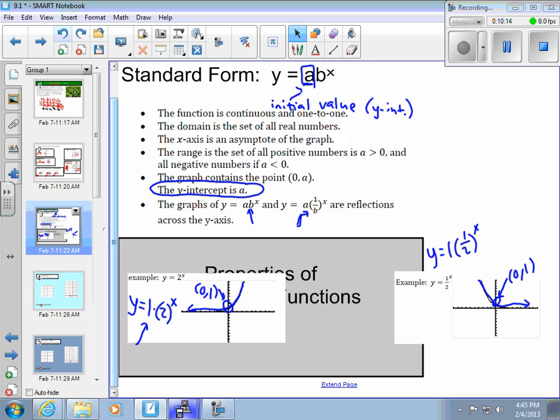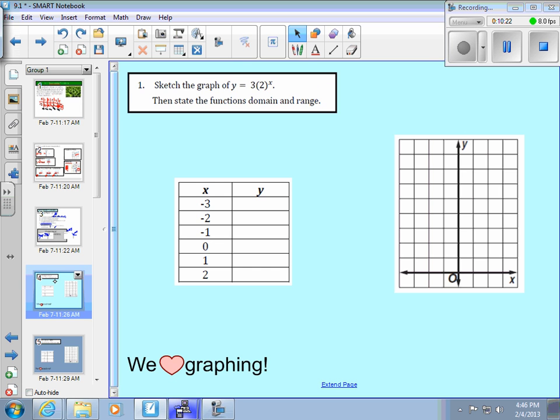All right. What we're going to do is take a look at a graph and see how we go about solving or looking to get the graph of a function. In this first one, we're going to sketch a graph y equals 3 times 2 to the x power.